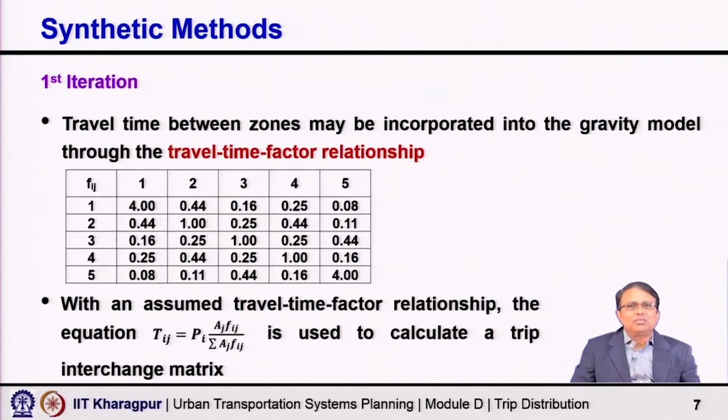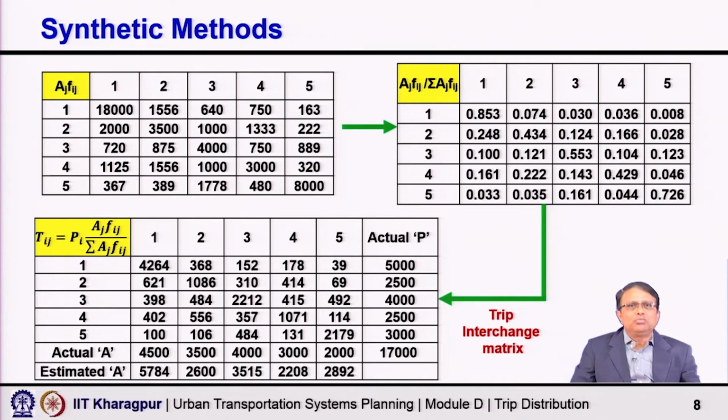So, 5,000 into 0.853 gives you 4264. 5,000 into 0.074 gives you 368. 5,000 into 0.030 gives you 1652, like that you get 178, and then you get the T15, 3915. All these values are known, and if you sum them up, you see that you are getting 5,000.